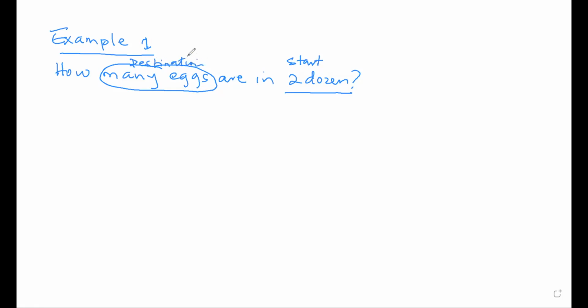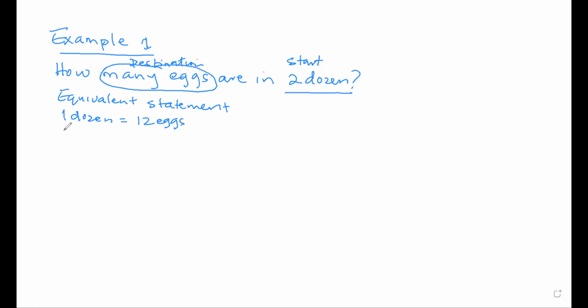Now, you ask yourself, what's the relationship between dozen and egg? Do they have any direct relationship? So we write equivalent statement. That relationship is equivalent statement. So we have 1 dozen equal to 12x.